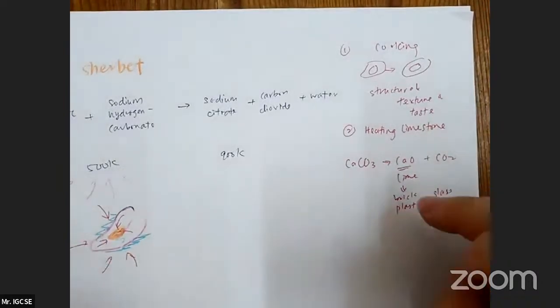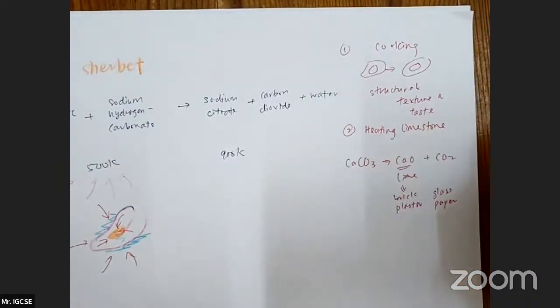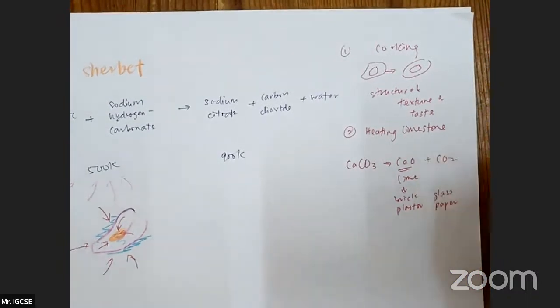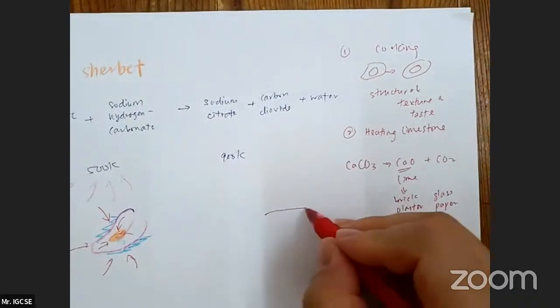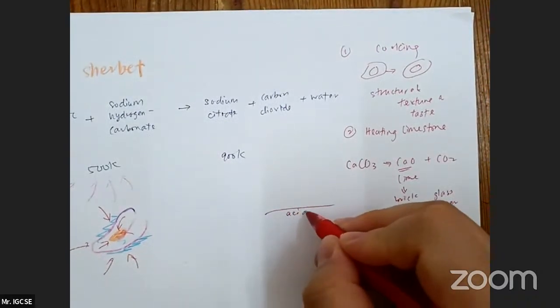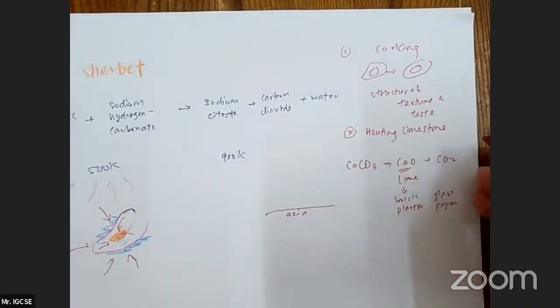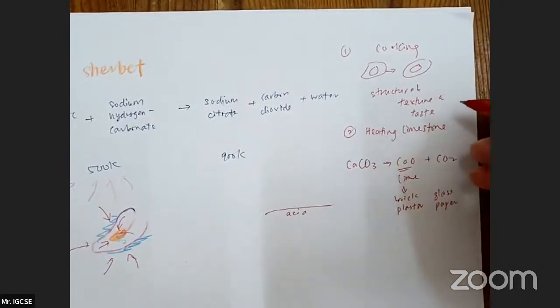When water is mixed with this lime, slaked lime is made, used to neutralize. For example, if this is land and this is acid, we can mix the CaO with water to become slaked lime.